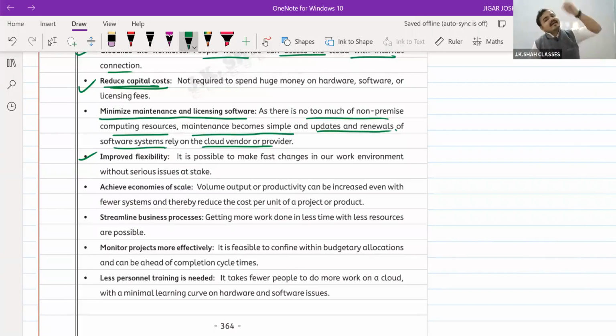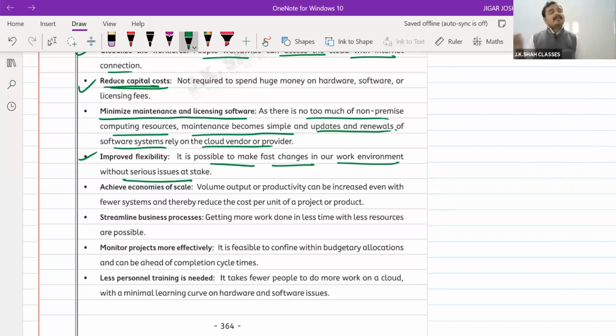Or at least in every class I have to visit to tell them what is the update. But suppose your college has a website, and on the website, if they put the revised timetable, will everyone get the update immediately? Yes. Do they require to go and tell each and everyone what updates we had done? No, sir. So it is possible to make fast changes in our work environment without any serious issue at stake.